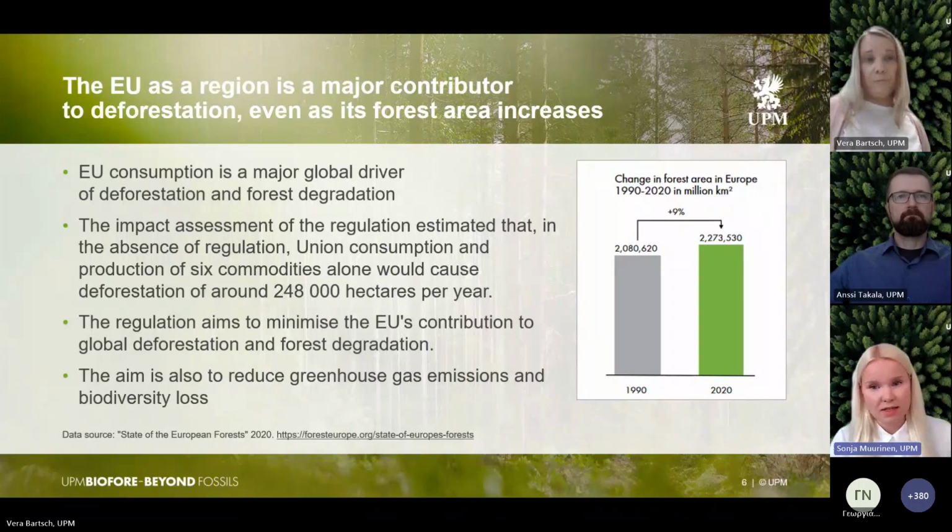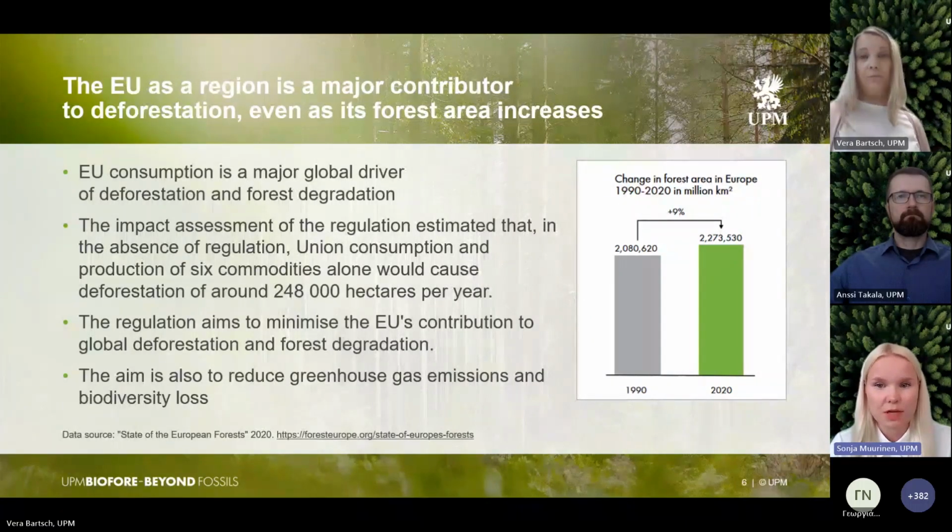It has been estimated that without this regulation, the Union's consumption and production of just 6 commodities alone would result in the deforestation of 248,000 hectares per year, which is equivalent to the size of Saaremaa Island in Estonia, or 2 times the size of the city of Rome.